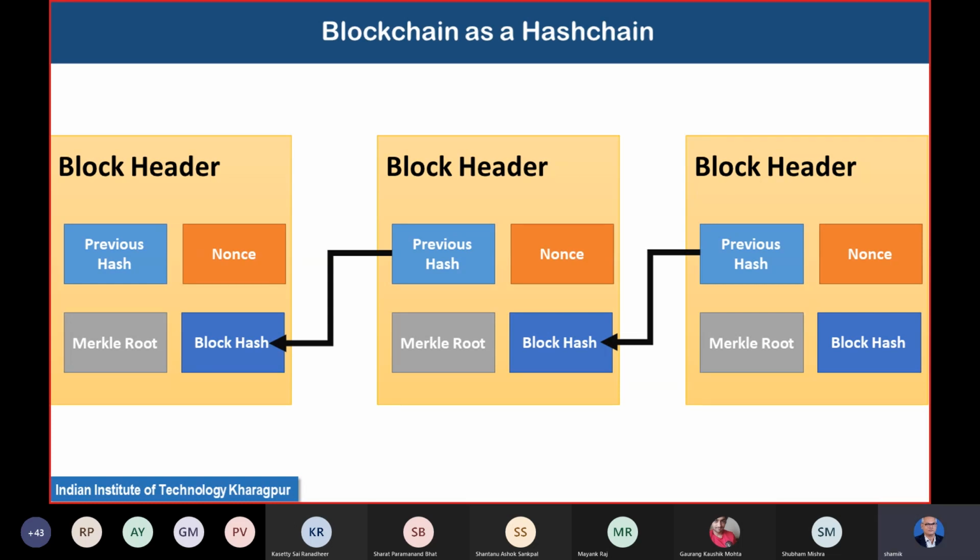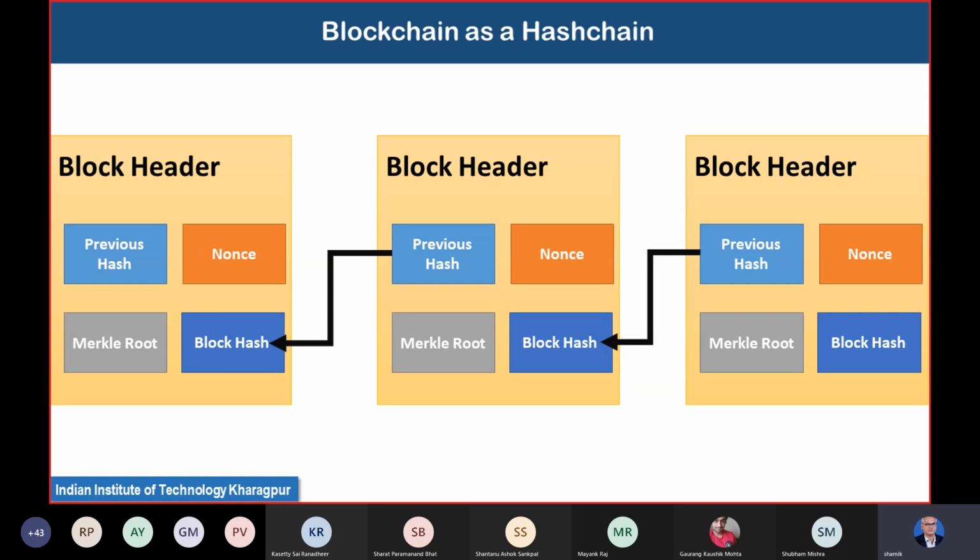So this is how the blocks would be chained together. When we have these hash pointers connecting a number of blocks in a chain, this is what we call a hash chain.